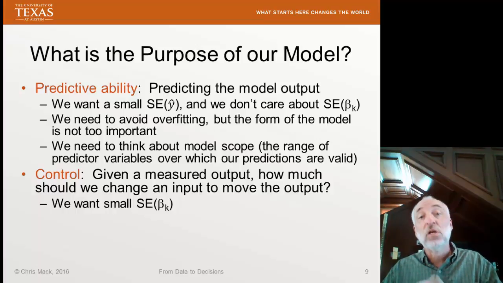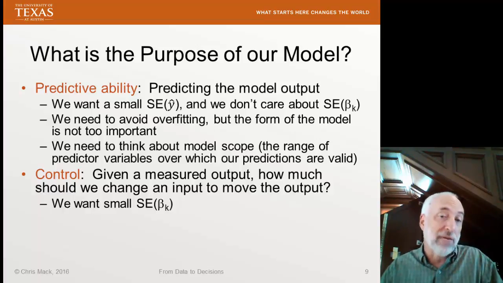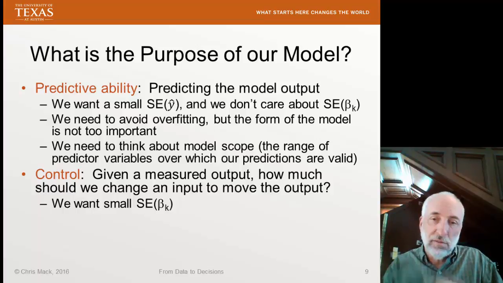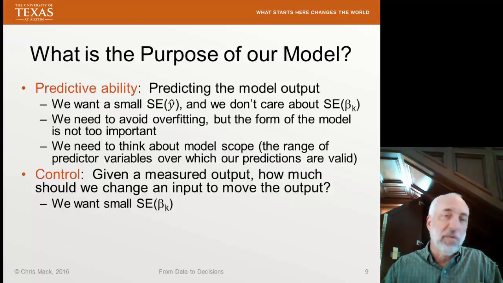Here I want small values of the standard errors of the model coefficients. I want to know the slope accurately. So if I want to cause the output to move by 3, how much do I have to move the input? That depends on getting the slope accurately. And of course, in manufacturing, there are lots of examples where control is the purpose of the model.